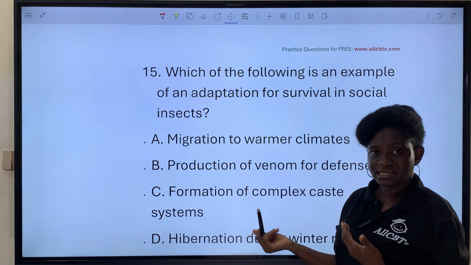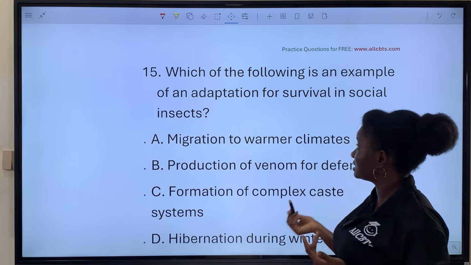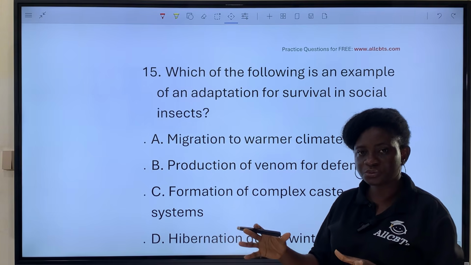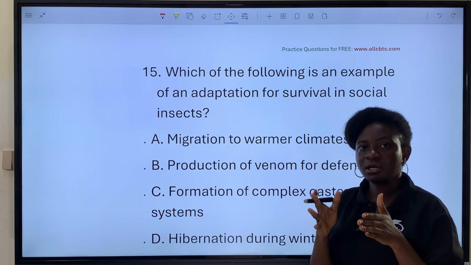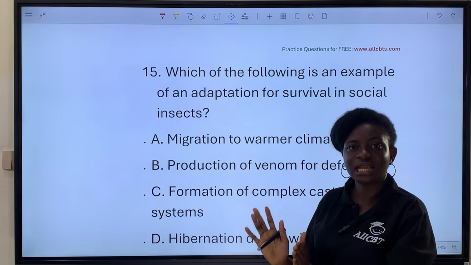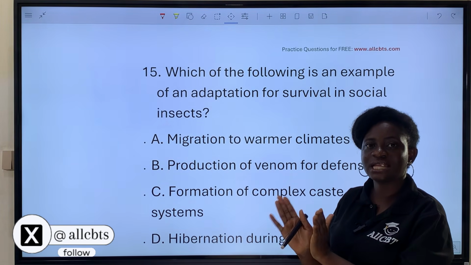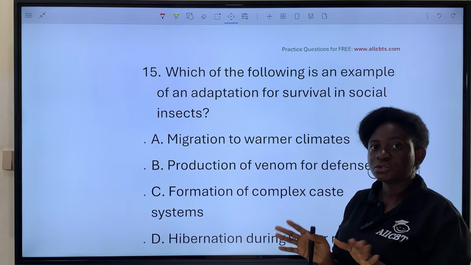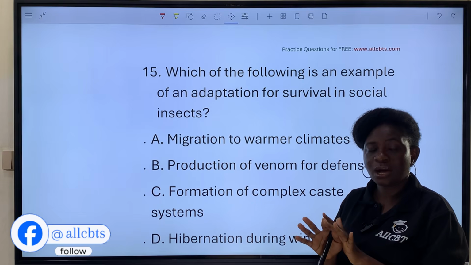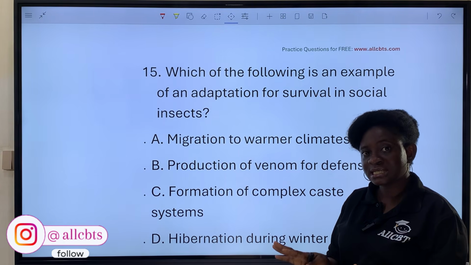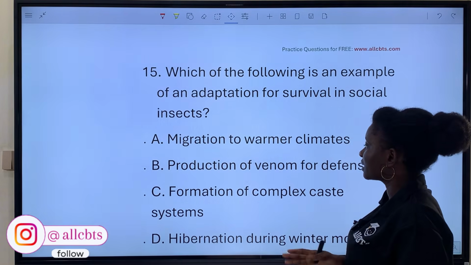For insects like bees, like termites, social insects, they form specialized groups where they have different insects with their specialized roles, each of them carrying their specific functions. So that's the adaptation mechanism of social insects, that's how they do it.